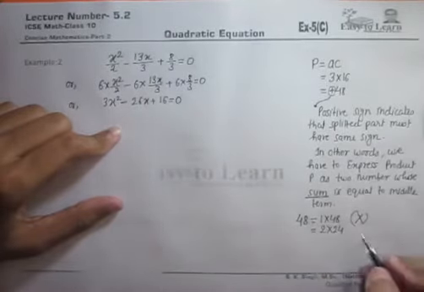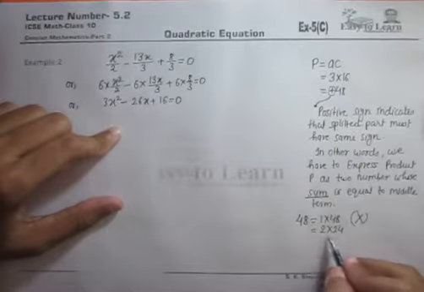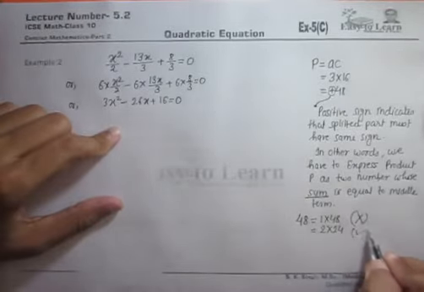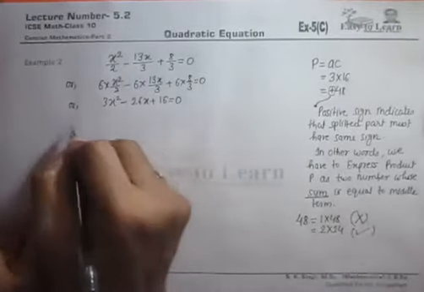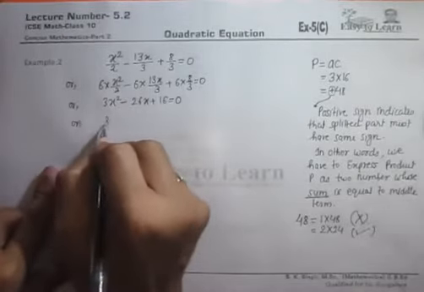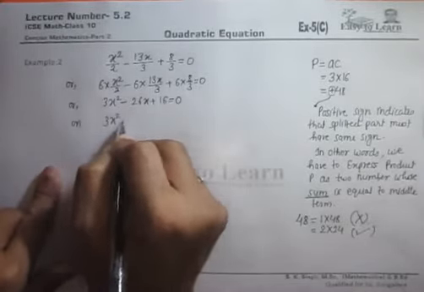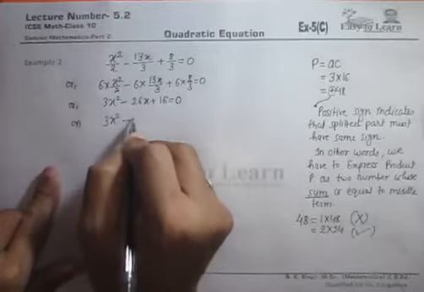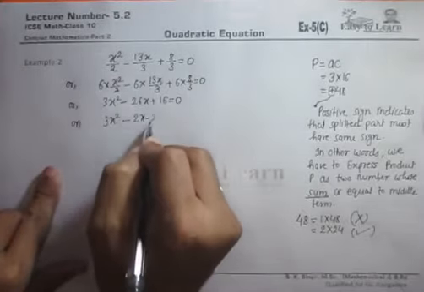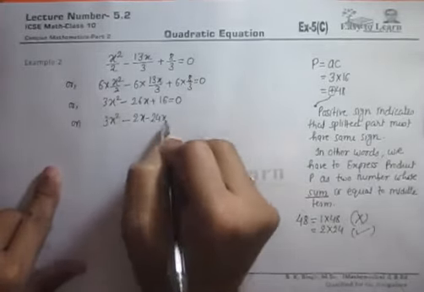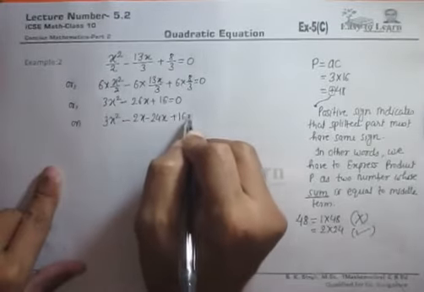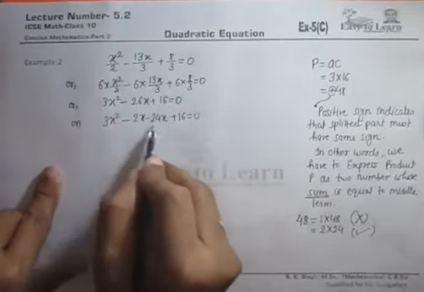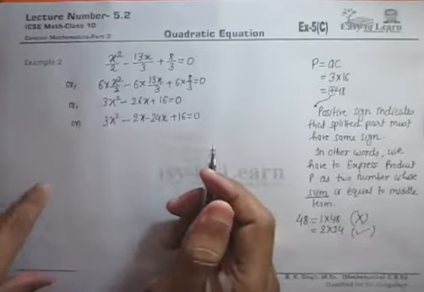Here the sum is 26, so this is acceptable. So we can write it as 3x square, and now 26x can be written as minus 2x and minus 24x plus 16 equal to 0. Here the sum of these two is equal to minus 26.